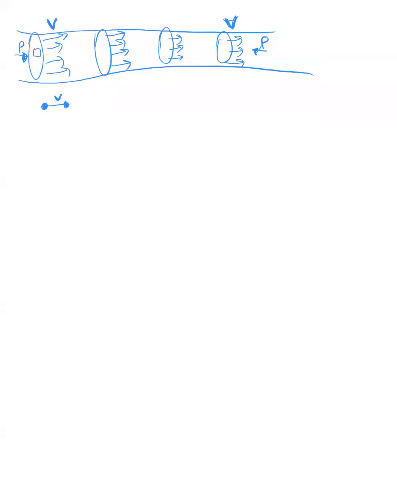If, however, the velocity of your liquid changes, so let's say you were moving with some small velocity v, and now we are moving with large velocity V, then if you look at this small particle, it was moving with a small velocity, now it's moving with a large velocity. So some sort of acceleration must have happened somewhere in between. And to have acceleration, you must have some sort of net force pushing from left to right.